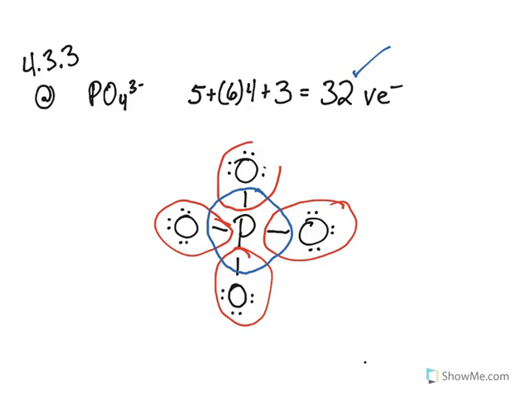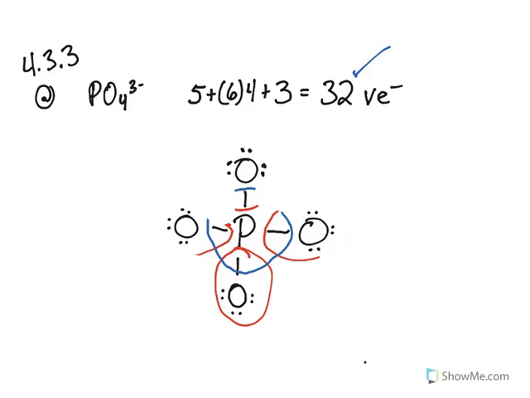Now the only thing left is to add the last bit that we need, which is the brackets around the structure indicating the charge.